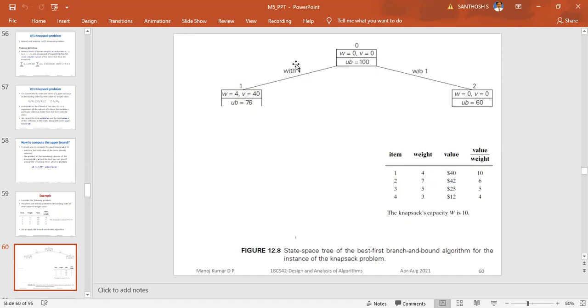If it is with item number 1, you take 100 minus 40. Without 1, the upper bound is 60, that is 100 minus 40.